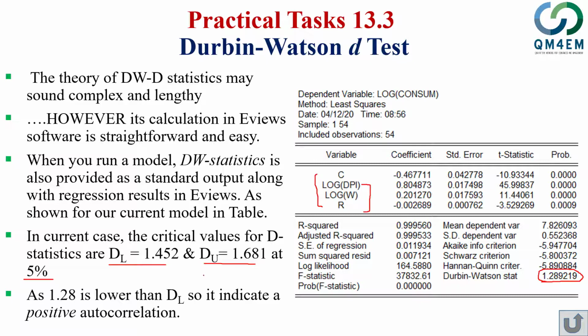It is the critical region 1.452 and 1.681, and as we can see, the value 1.2 is even lower than the lower bound. If we recall that diagrammatical representation, here this was 2, this is the upper bound, this is the lower bound, and then this was 0.